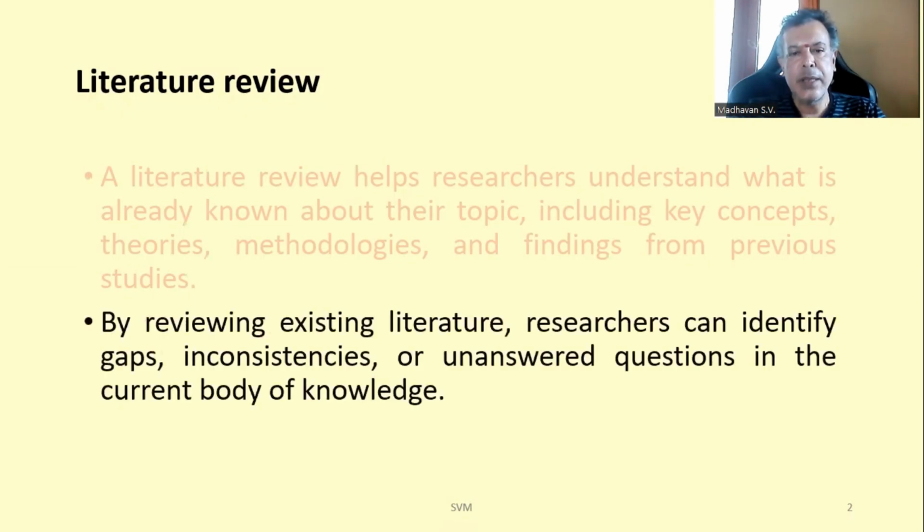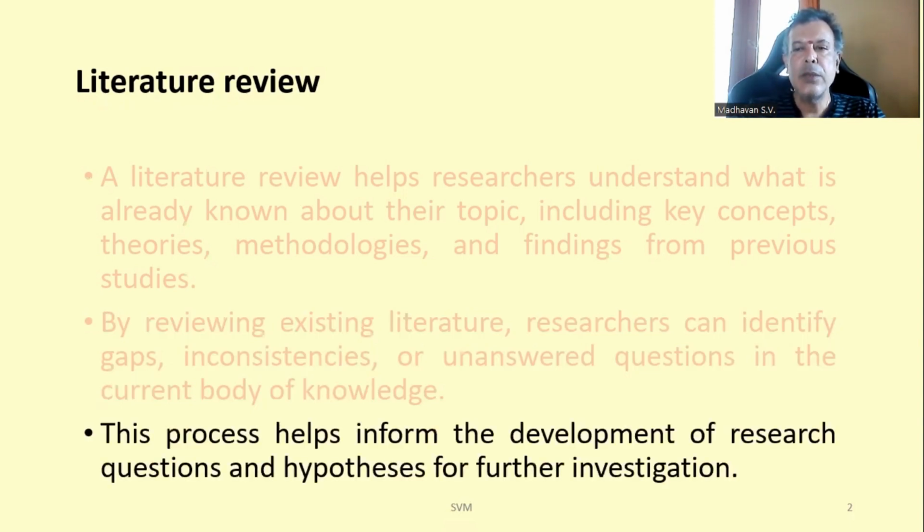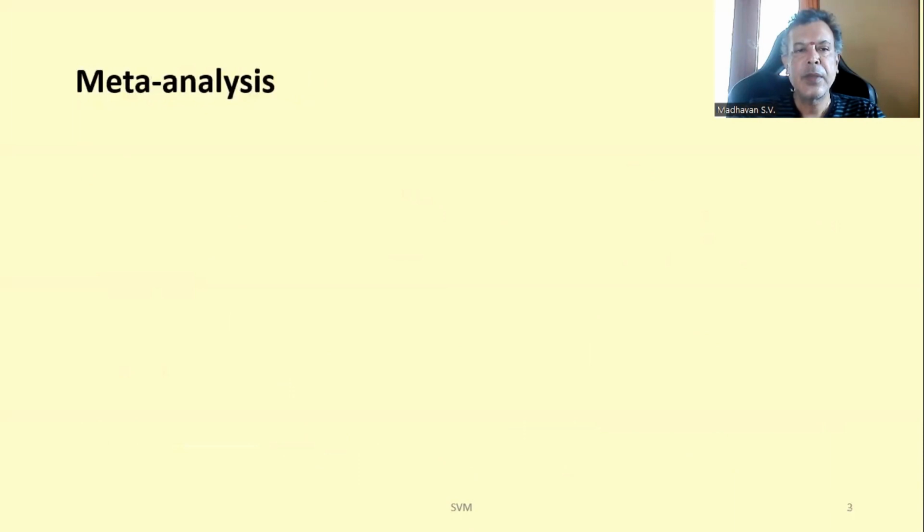By reviewing the existing literature, researchers can identify gaps, inconsistencies, or unanswered questions in the current body of knowledge, so that they can think about doing research on that. This process helps the researcher inform the development of research questions, hypotheses, etc. for further investigation.